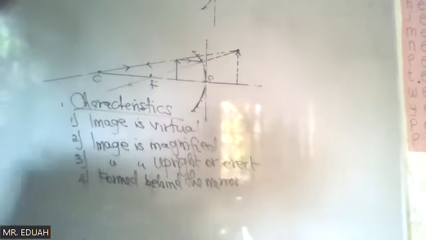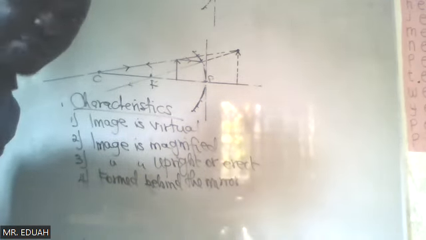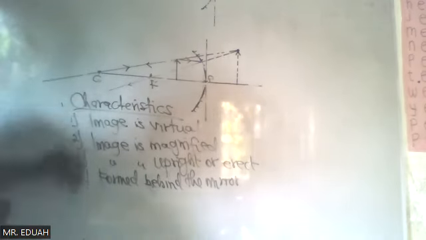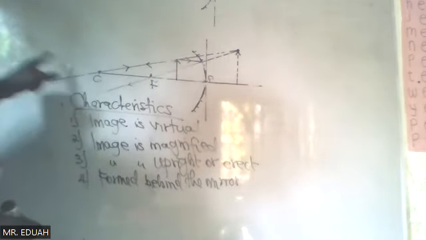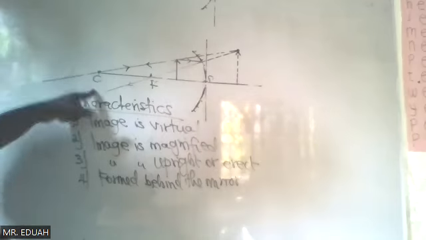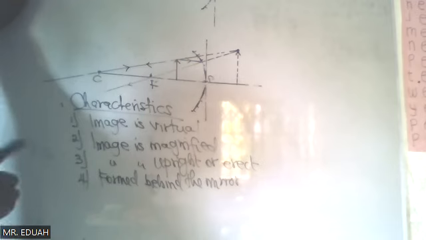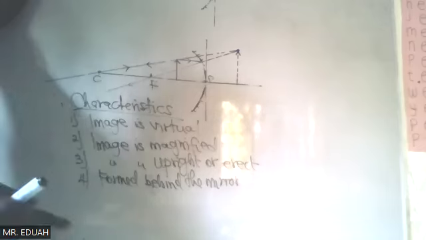So let's quickly go through whatever we've seen. When the object is behind C, or between infinity and C, the image formed is real, diminished, and inverted. When it is real, it will also be inverted.